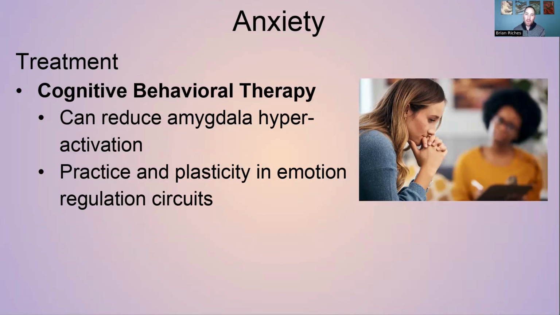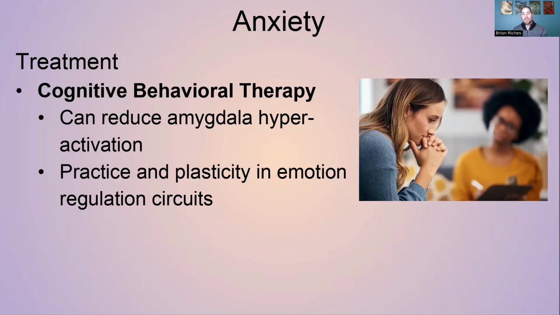So cognitive behavioral therapy has been shown to reduce amygdala hyperactivation. And essentially, you're building new neural circuits. You are practicing regulating those emotions, practicing your understanding of what you're perceiving as threats, and being able to reduce the amygdala's action and help your prefrontal cortex do that regulation as well. And combining that with medicine is often helpful for a lot of different people.